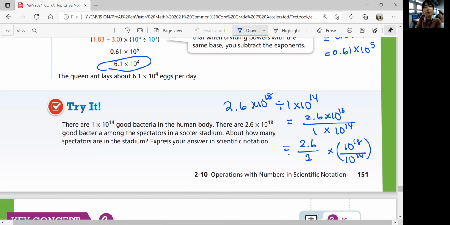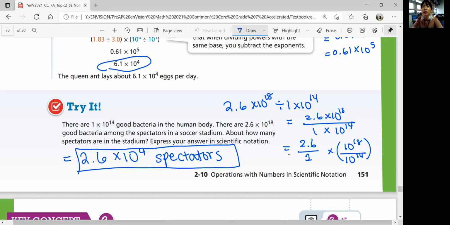Yes, you can subtract the powers when they're divided with the same base. So you have 2.6 times 10 to the power of 4. Is that in scientific notation? Yes, it is already in scientific notation. So you can just say 2.6 times 10 to the 4th power spectators. That's your final answer.